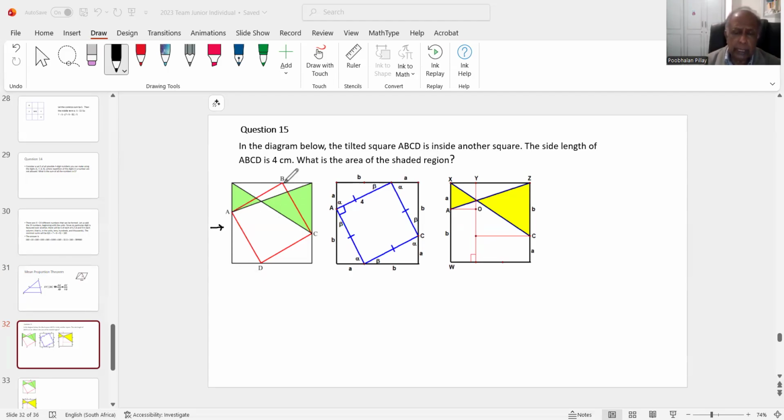So this is a square and it's inside another square. It's a tilted square, right? The side length of the tilted square ABCD is 4, they say. And what is the area of this shaded region?